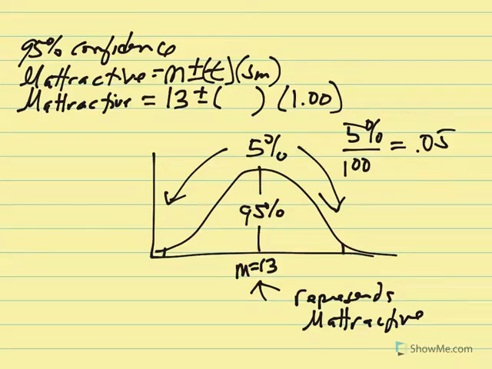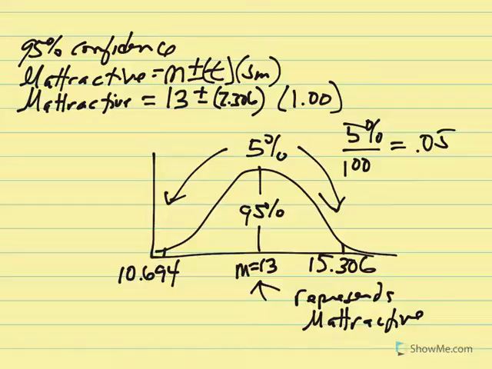So we can replace that now, 2.306. So that means we're adding that value to 13 to the right. So that would be 15.306, and we subtract it from 13, and that should equal 10.694.